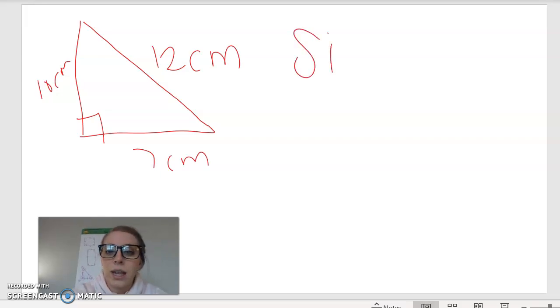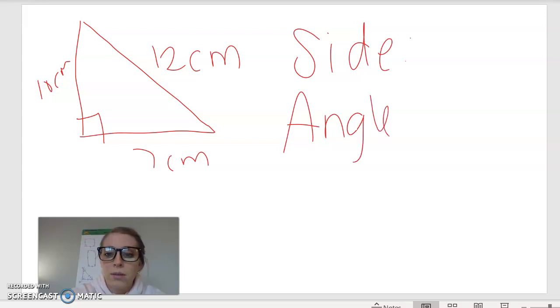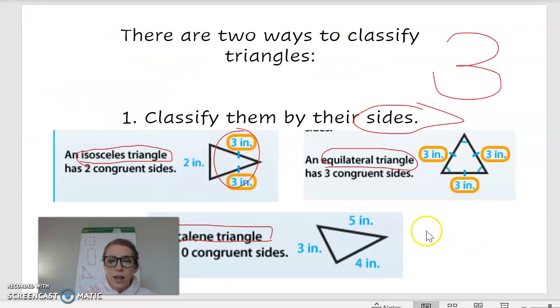I have to first name it by its sides, and then I have to name it by its angle. So I look at all these, and these are all different lengths. So if I go back to my sides, I look for my triangle with all different lengths. It's a scalene triangle, okay?